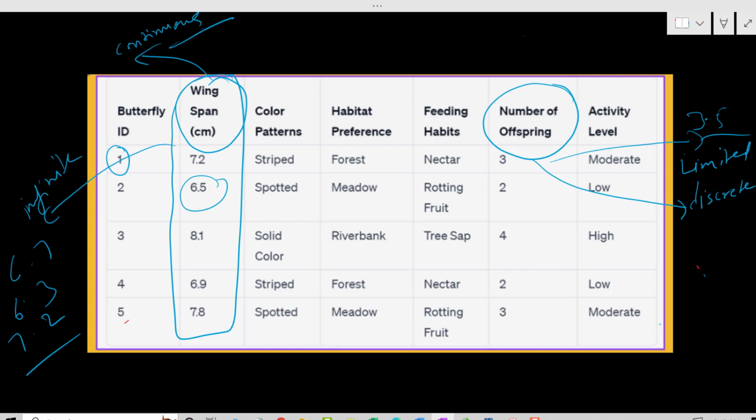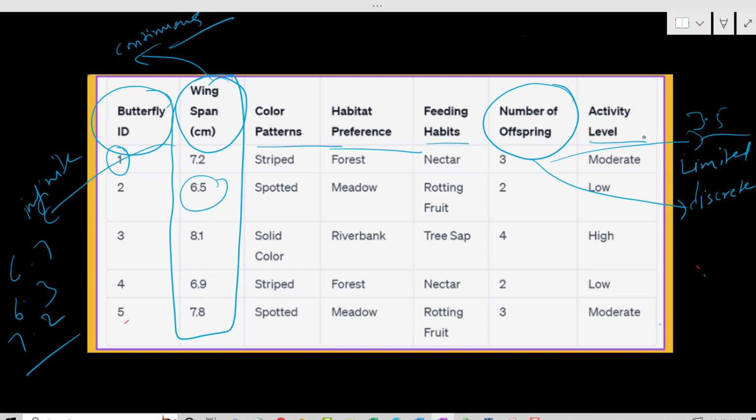So if we see qualitative data type, we have already identified one, butterfly ID. The other ones are color patterns, habitat preference, feeding habit, activity level. Now let's see color patterns. If we see color patterns, striped, spotted, solid, can we say without particular preference that one particular pattern is better than the other?